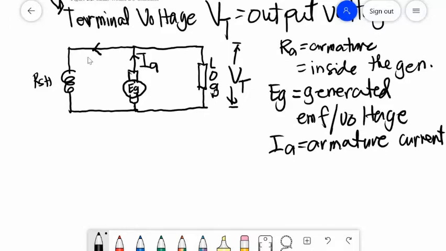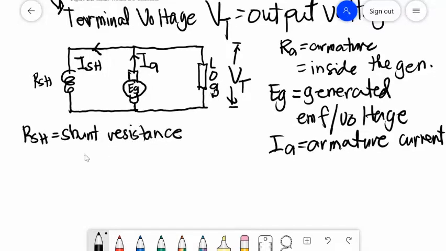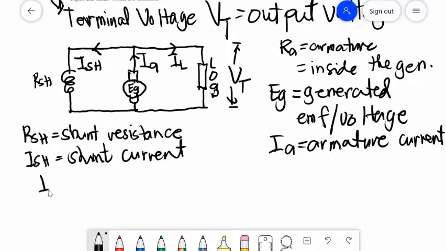RSH is the shunt resistance, and the designation of its current is ISH, the shunt current. Also, this generator supplies current to the load. Since this is a load, we will designate it as IL. IL is equal to the load current.